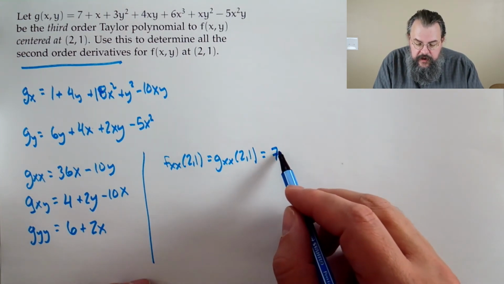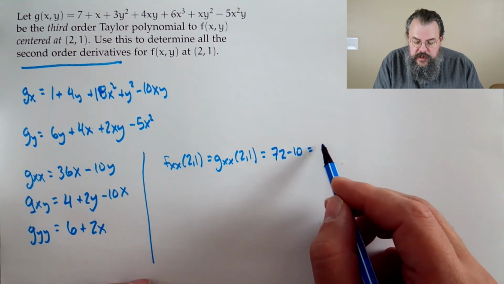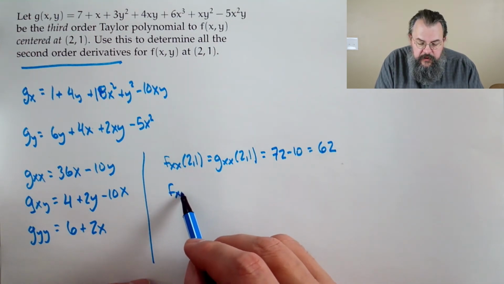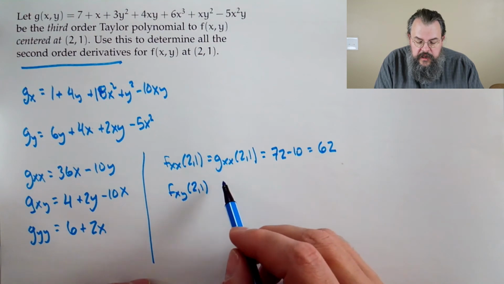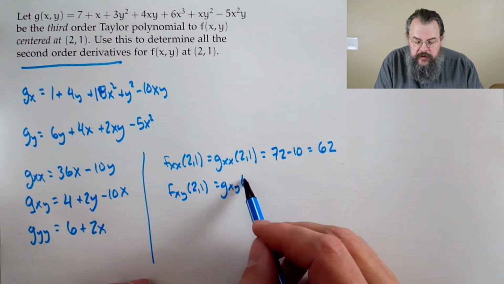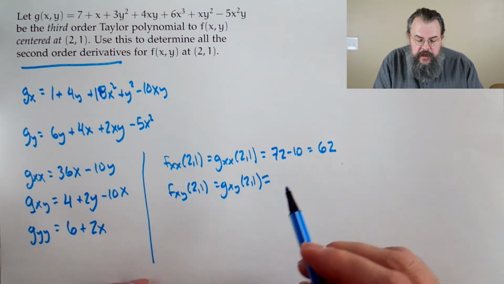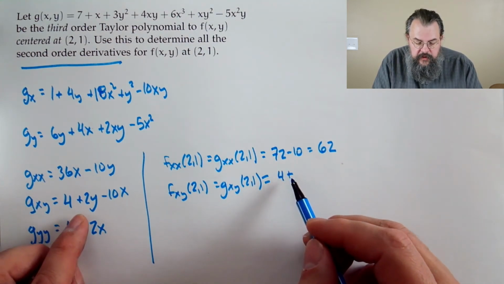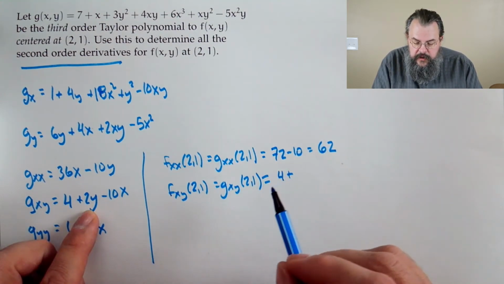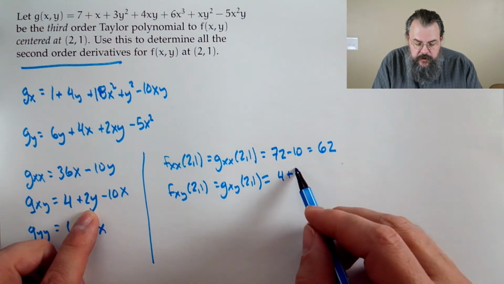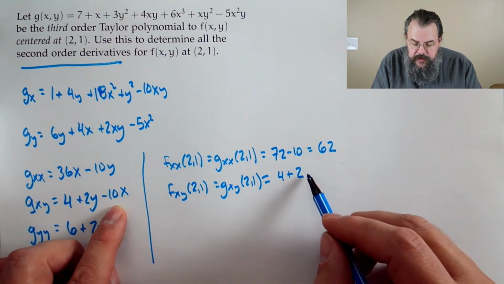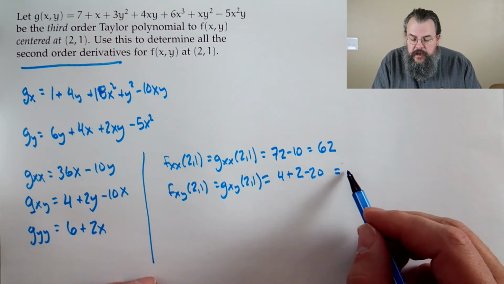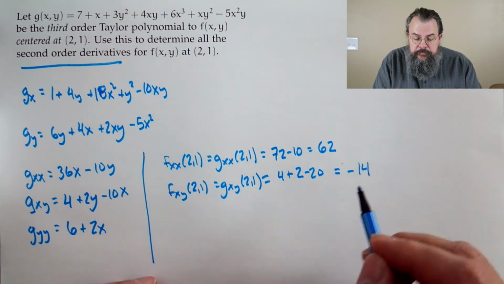So, okay, 72 minus 10, which is 62. fxy at (2, 1) equals gxy at (2, 1). All right, that's 4, and then plus 2 times 1, 2, minus 10 times 2, minus 20. 6 minus 20 would be negative 14.